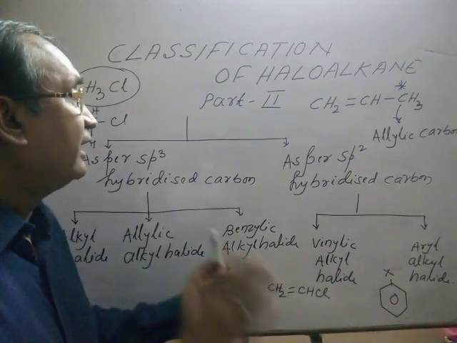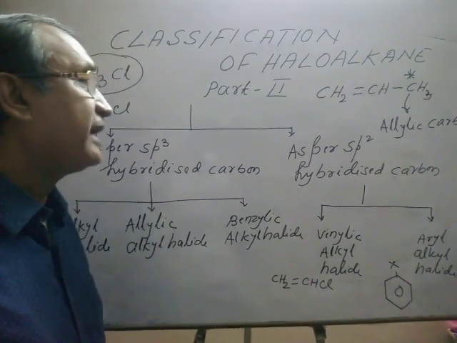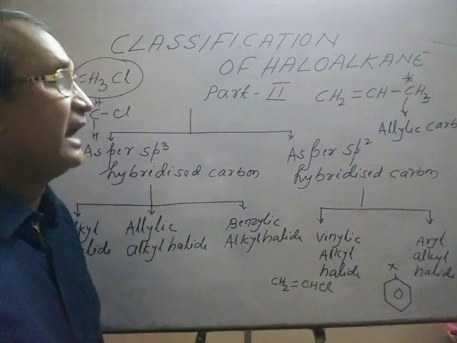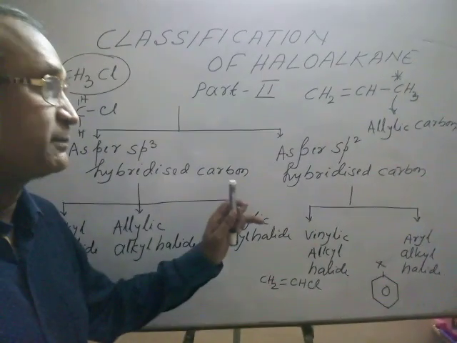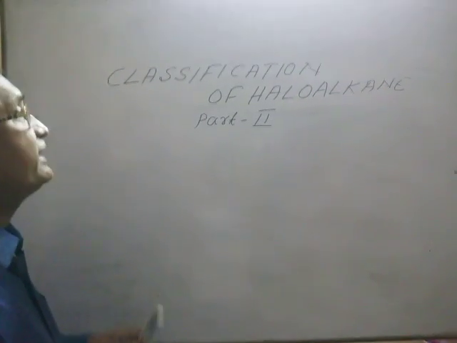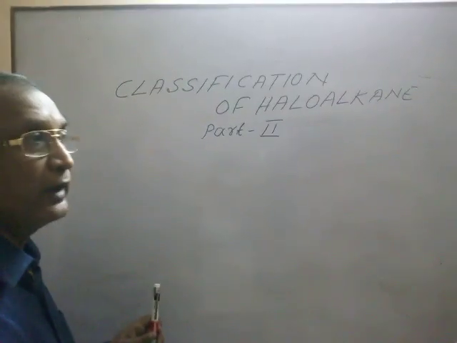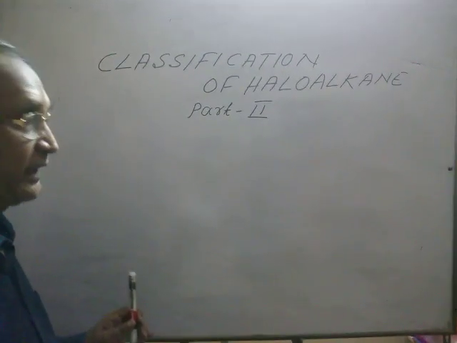So these are the divisions in case of sp3 hybridized carbon and sp2 hybridized carbon, the various parts of monohalogen derivative, monohaloalkane.